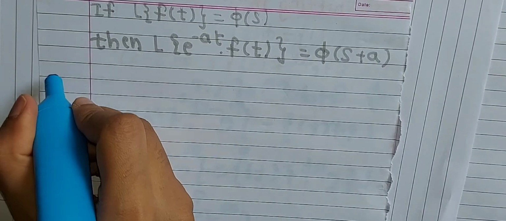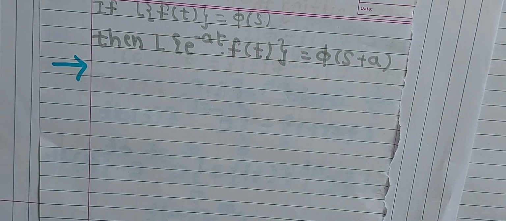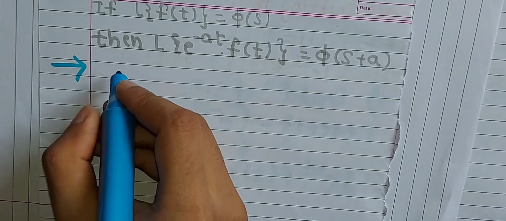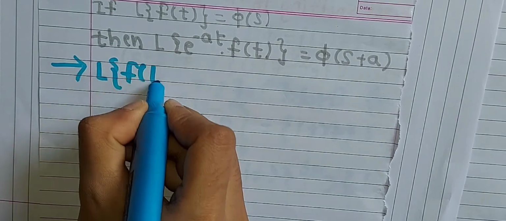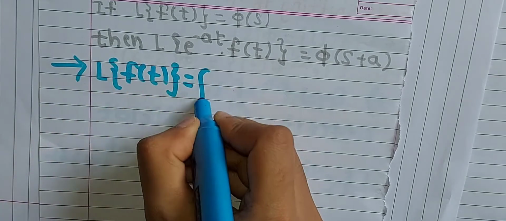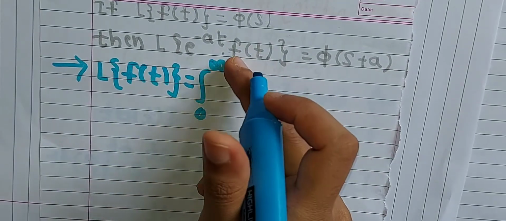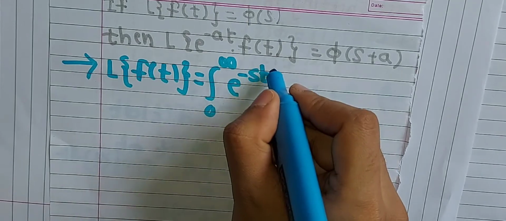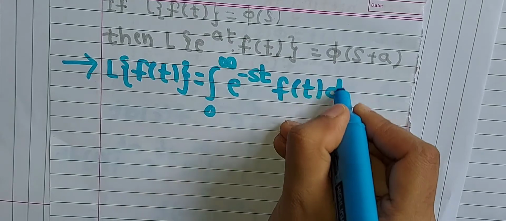To prove this property, just consider the definition of Laplace transformation, as we have already discussed in lecture number 1. The Laplace transformation of f of t is equal to the integration from 0 to infinity, that is the range of t is from 0 to infinity, of e raised to minus st into f of t dt.